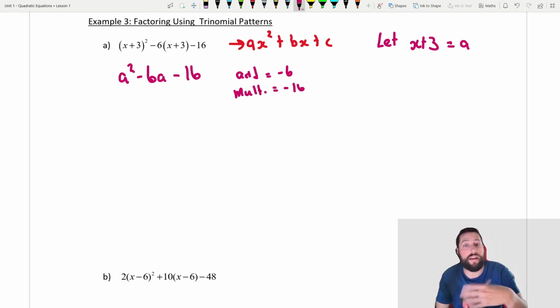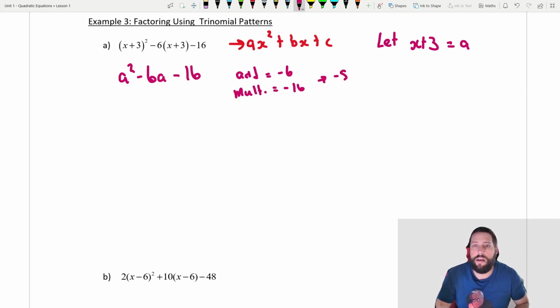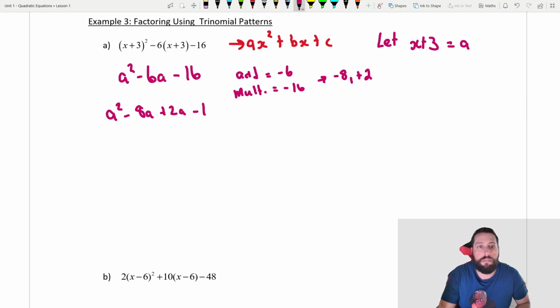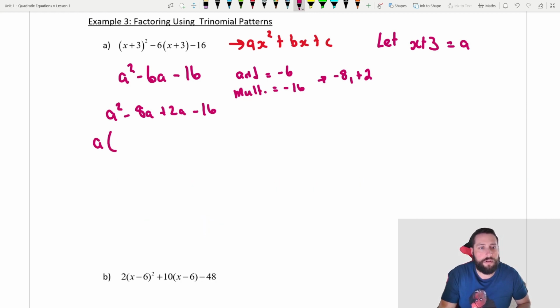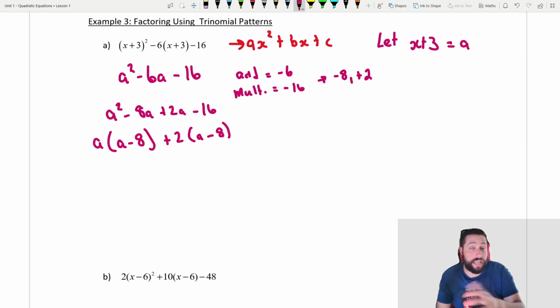So the factors of negative 16 that add up to give you negative 6, well, that's going to be negative 8 and positive 2. We have a squared minus 8a plus 2a minus 16. So we can split it apart to be a, and then it'll be a minus 8 plus 2 to be a minus 8.